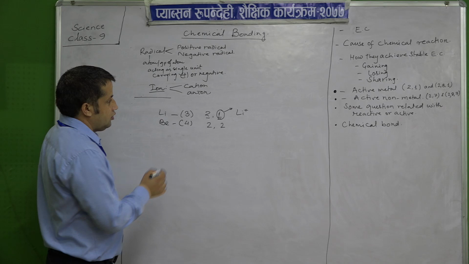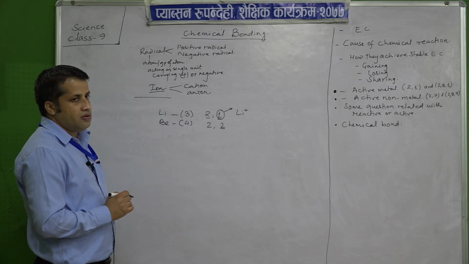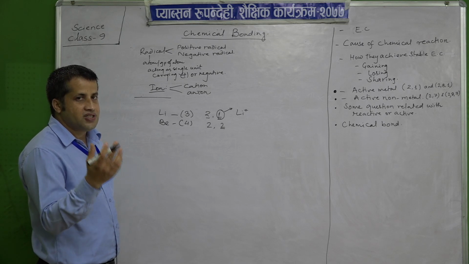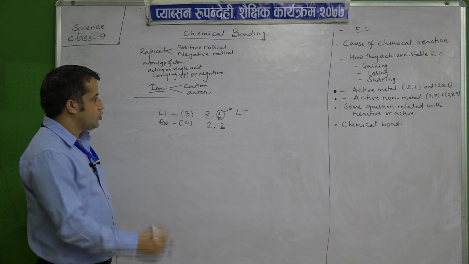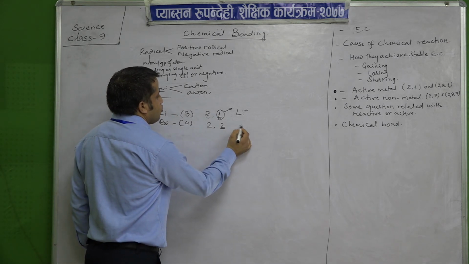In the outermost shell it is having 2 electrons, it will lose 2 electrons to become stable. So, beryllium has plus 2 valency.